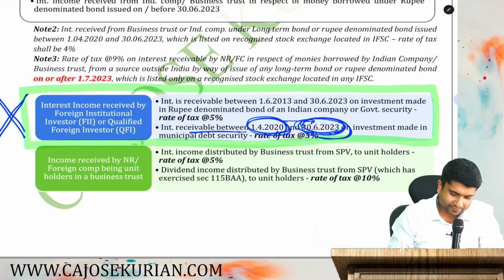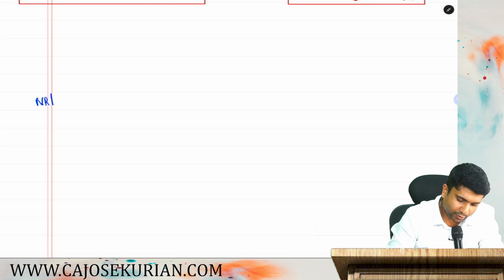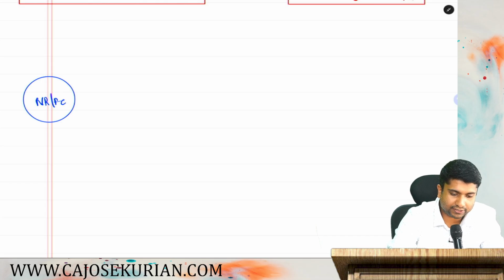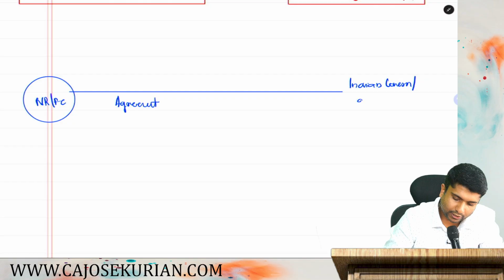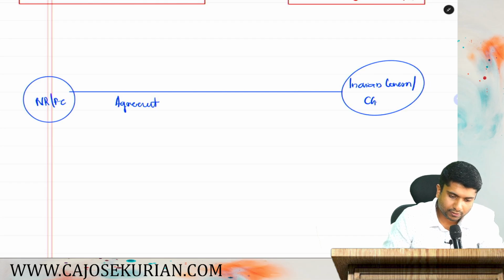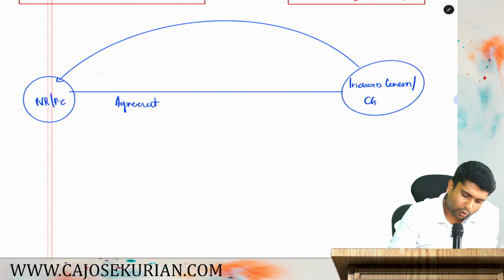Now, not yet over. Say you are a non-resident or a foreign company. You have an agreement with either an Indian company or an Indian concern or the government of India or central government, and based on this agreement you are getting royalty or FTS.